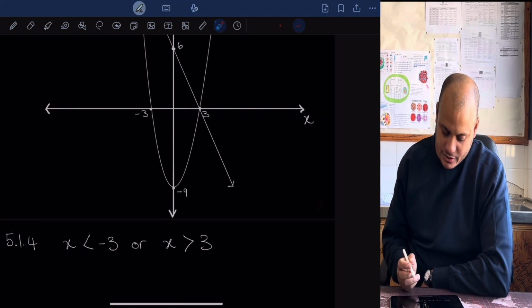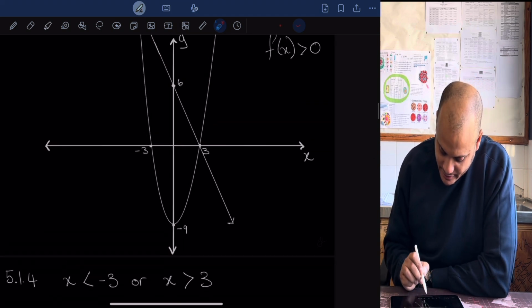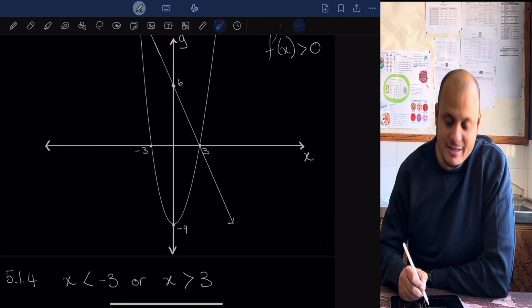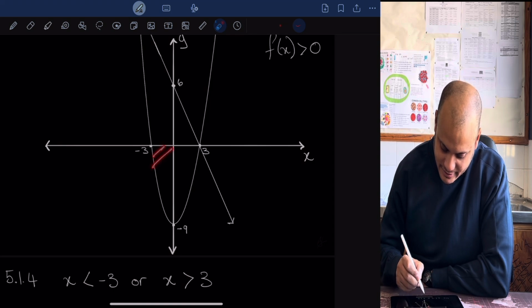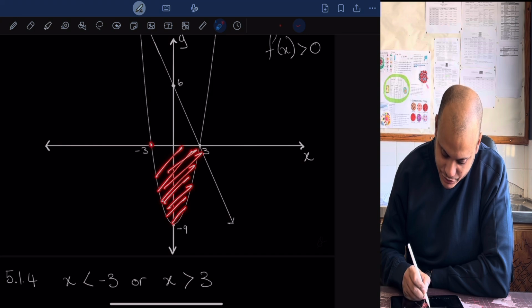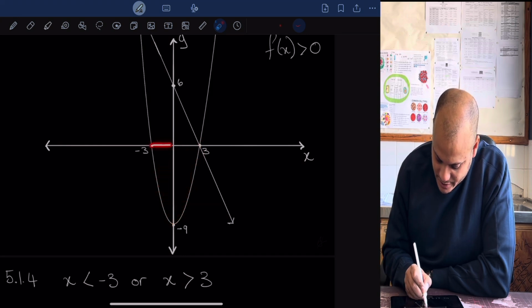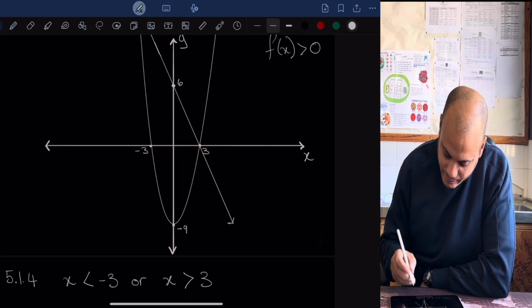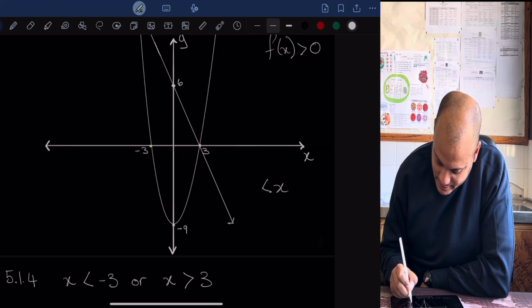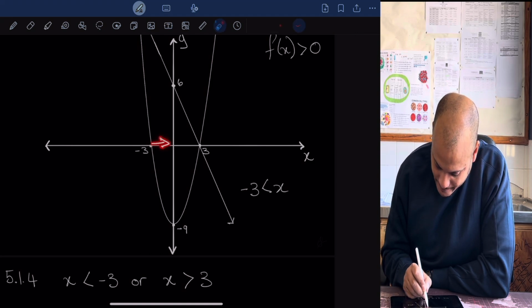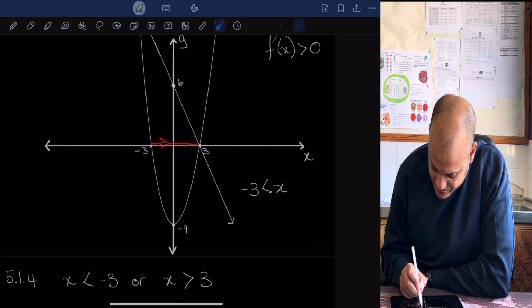So it's not one continuous inequality, meaning it is not like if I had to describe for which values my parabola, or f of x, is less than 0, in other words, where it's negative. That portion of the graph lies clearly between two values. In other words, it would be this region of x values over here. In that case, I could have written x greater than -3, in other words, going that way, but only all the way up to 3.